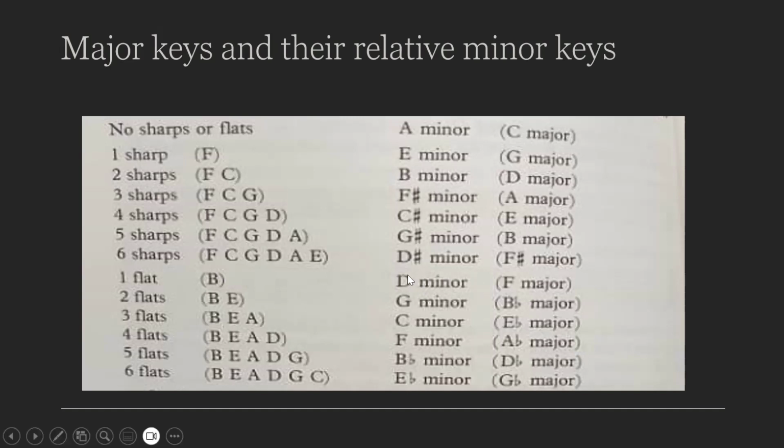Yes. The relative minor, that is why it is said relative. It's just like the mirror of something. The mirror of something will have the image of that thing, isn't it? So yeah, D minor is a relative minor of F major.